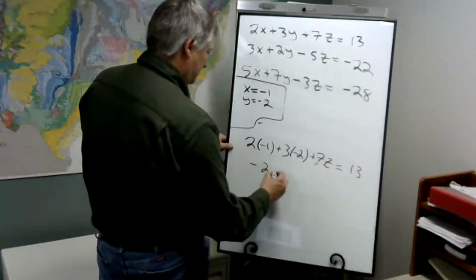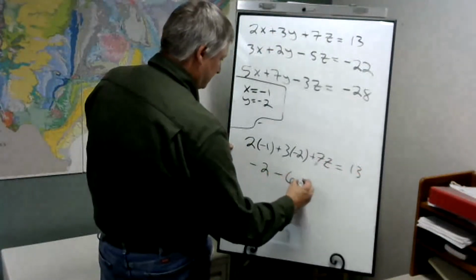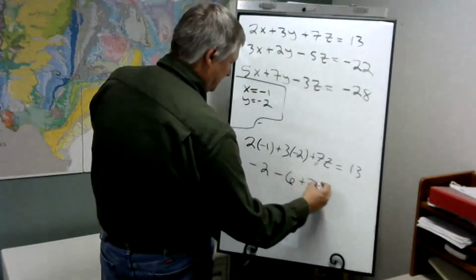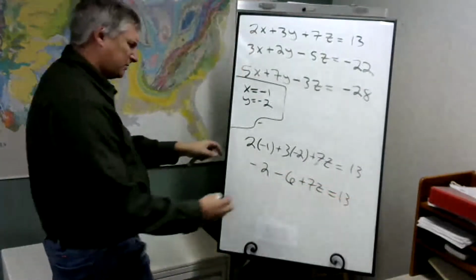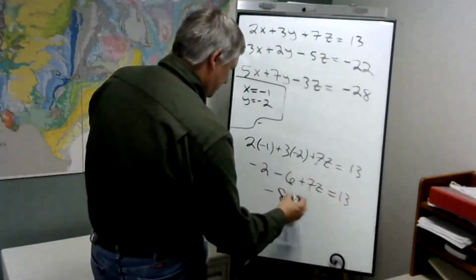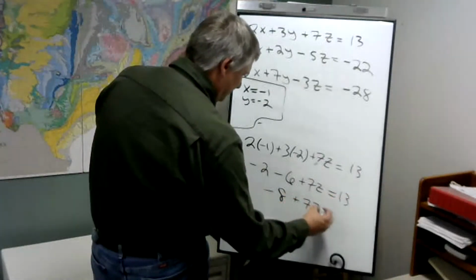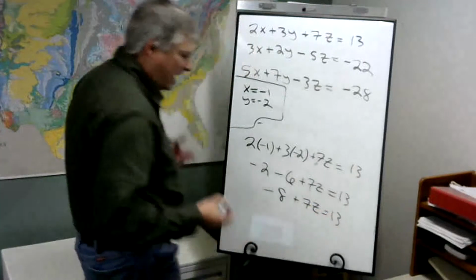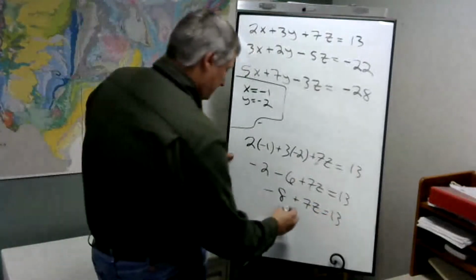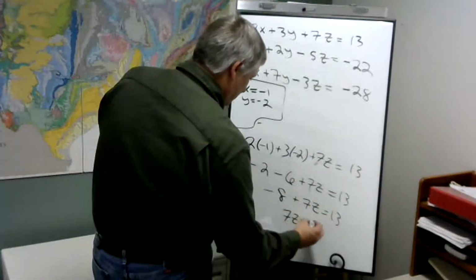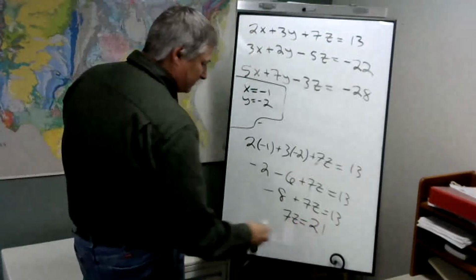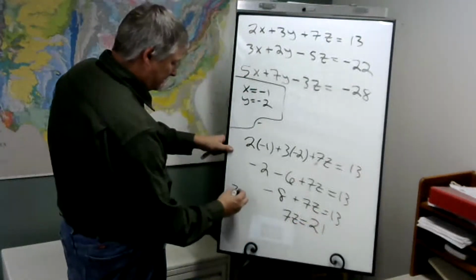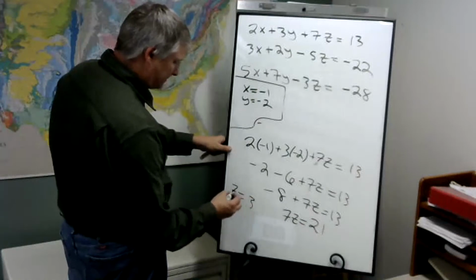Or -2 minus 6 plus 7z equals 13. Or this will be -8 plus 7z equals 13. Add 8 to both sides. It's going to be 21. Divide both sides by 7. We get z is equal to 3.